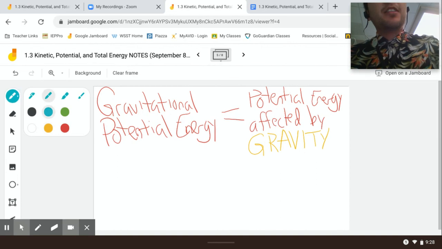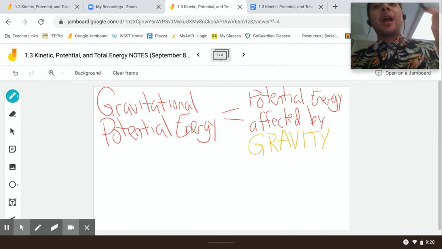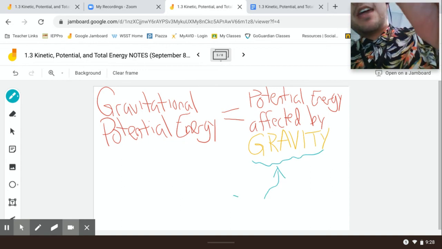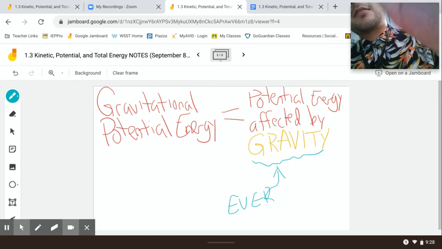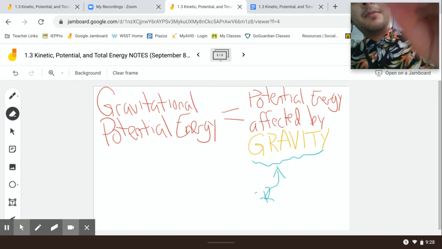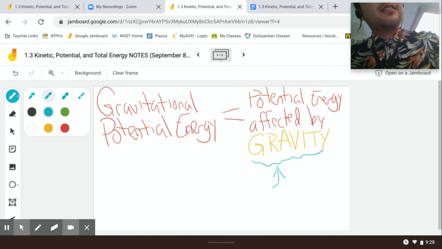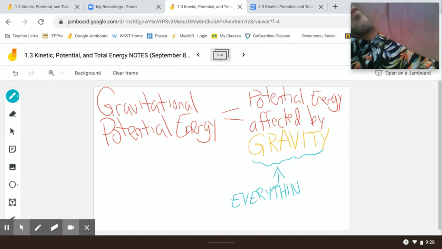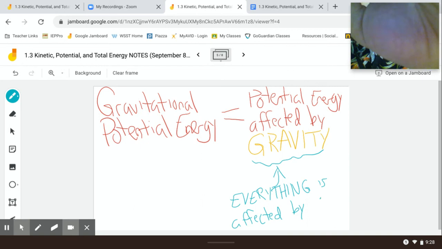So at least on Earth and on any planet or any area that has gravity, every single object is affected by gravitational potential energy, or GPE for short.